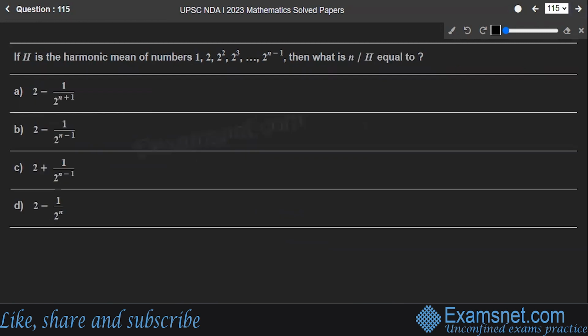Hope you got that. Next is question number 115. If h is the harmonic mean of these numbers, then what is n by h equal to? Now you have a problem which deals with harmonic mean. The number of terms is equal to n.